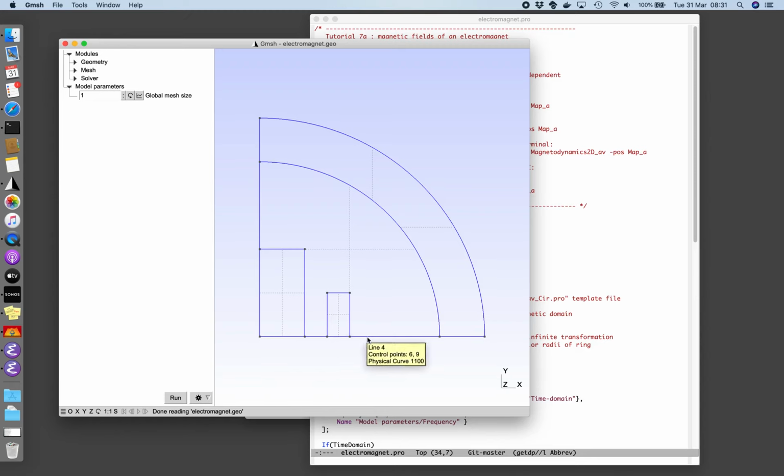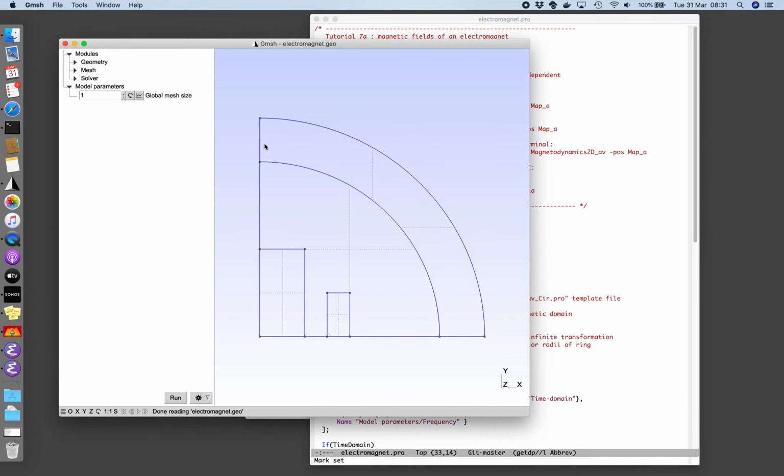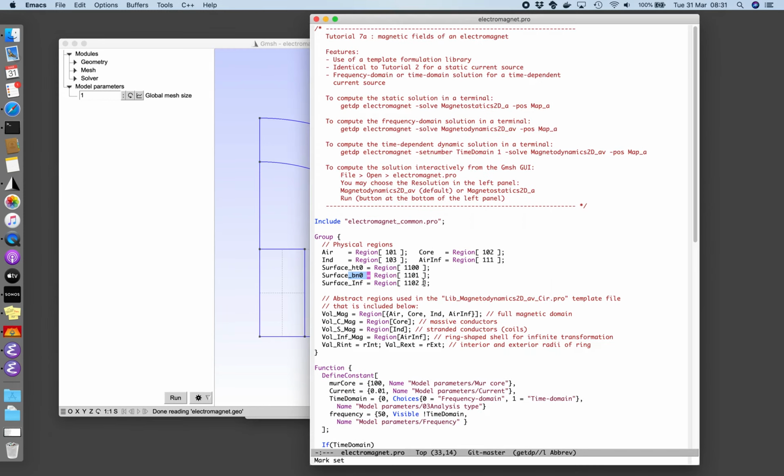And indeed, 1100. What else? Bn0, so no normal flux density. So 1101, that should be over here, right? Indeed, it is 1101. And then this should be the curve modeling infinity, 1102, and that's it. Okay, so this is the link with my geometrical model.